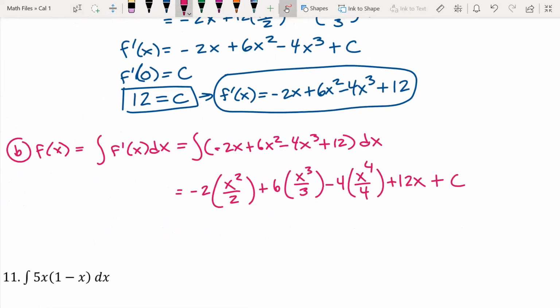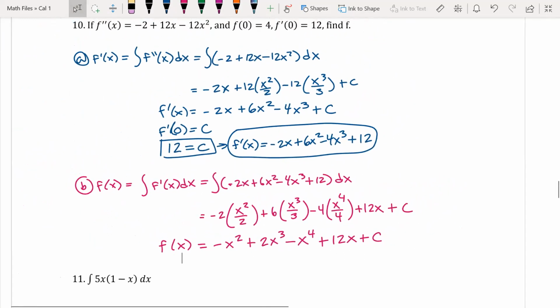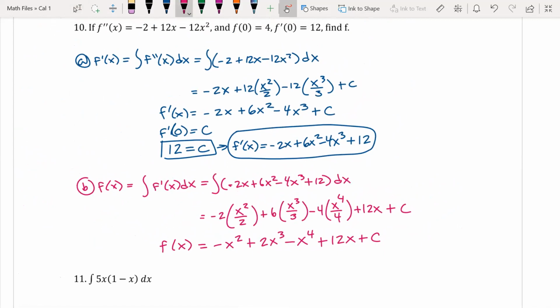Okay, clean up, and we get negative x squared plus 2x cubed minus x to the 4th plus 12x plus c. Here is f of x, and again, they're telling us to plug in what value? 0. So f of 0 means 0, 0, 0, 0, and we are left with c, but f of 0 is 4.